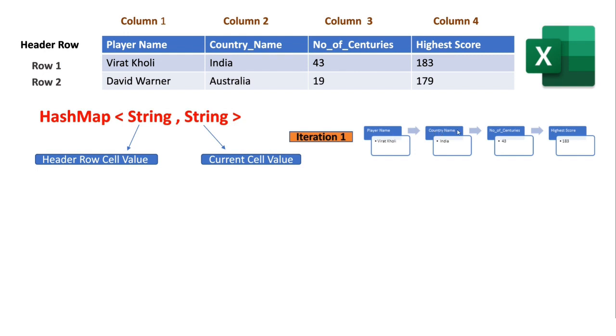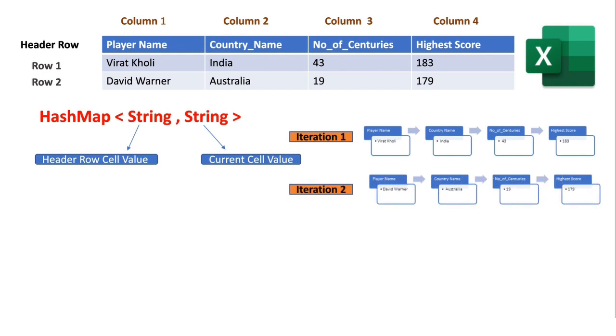So the headers will be common for each iteration, but the values keep changing based on the rows. The second iteration will have the same keys with the header values, but the values get changed as per the rows. We need to iterate each and every time to achieve this.